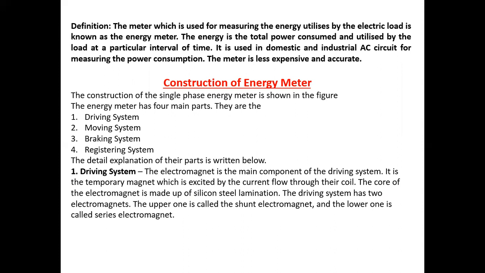The total energy consumed by that fan is 400 into 3, that is 1200 watt hour, but this will be converted into kilowatt hour. This means 1.2 kWh of energy will be consumed by that fan.